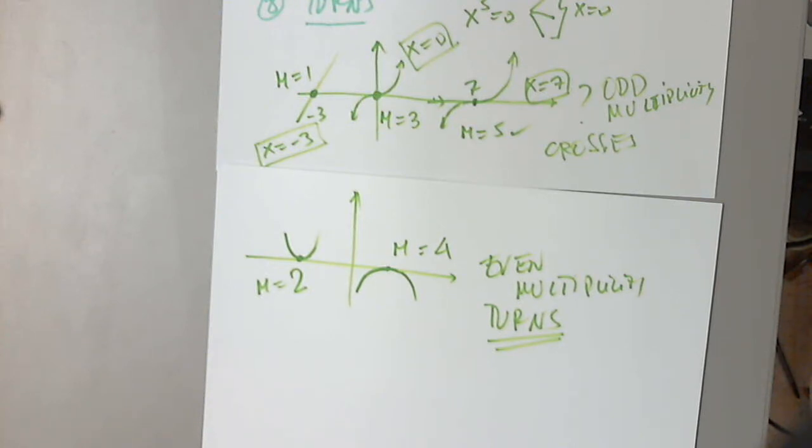What is the end behavior? -infinity to +infinity, or +infinity to -infinity. That's the end behavior. What about the quadratic function? What is the end behavior of a quadratic function with a positive leading coefficient? And with a negative leading coefficient? Same thing. All odd degree functions behave like this or like this. Or even ones like this or like this, depending on the leading coefficient.